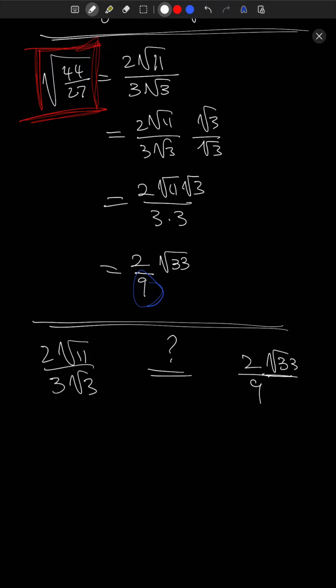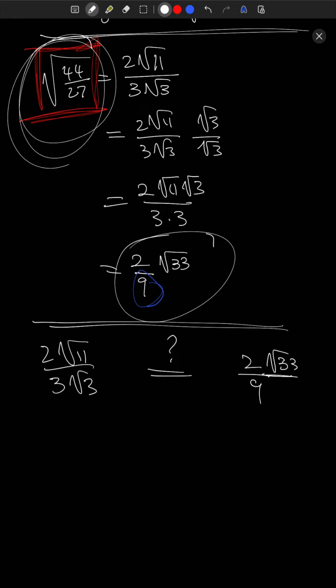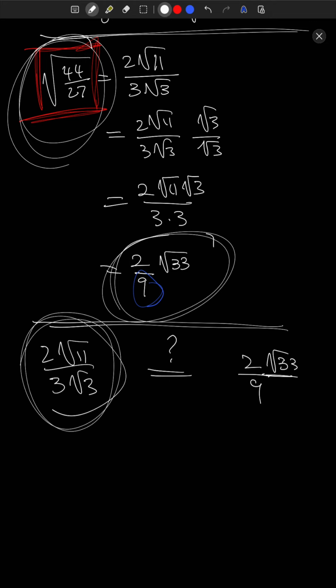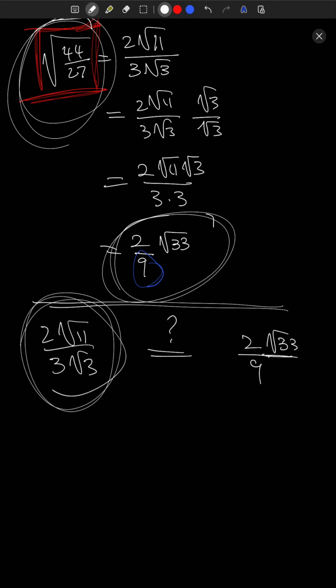So if I demand that everybody clears roots from denominators for this particular problem up here, then everyone's going to get the same answer, 2/9 with a root 33 on top, right? As opposed to something like this, where it's hard to tell who has the right answer, who has the wrong answer, whether the answers are the same or not.